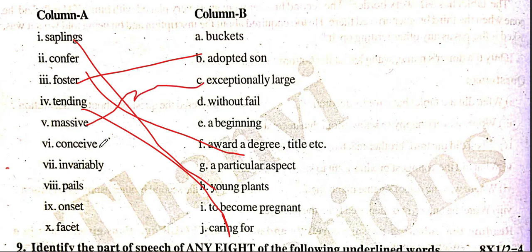Conceive means to become pregnant, basically to become a mother. In the story, Thimakka was unable to conceive. She was unable to give birth to any child, any baby, right?